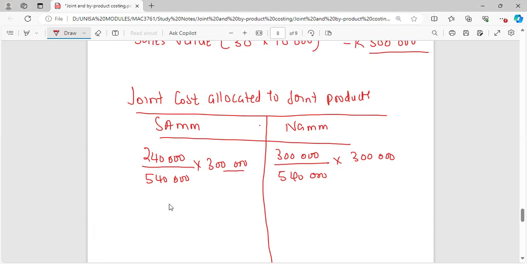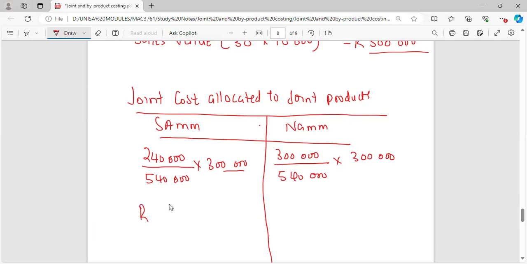Right, how much are we going to have which goes to SUM? It's just a simple calculation there, 240 divided by 540 times 300. How much? Who got the answer now? Anyone who got the answer? I'm getting something. It's 133,333.